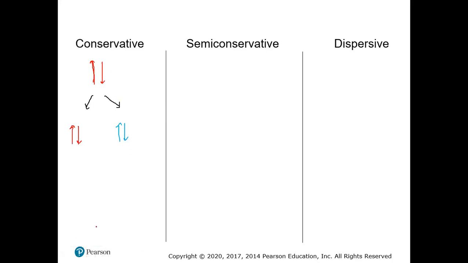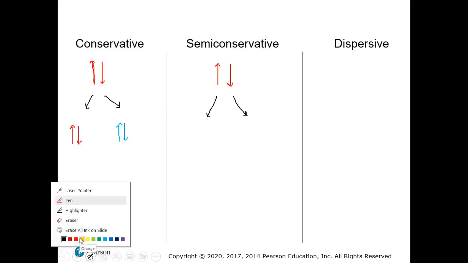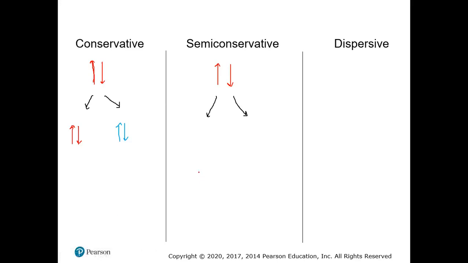Now for semi-conservative, start with our parent strand in red once again. And what's going to happen here is we are actually going to split apart that parent strand. We're going to break the hydrogen bonds holding together our base pairs.